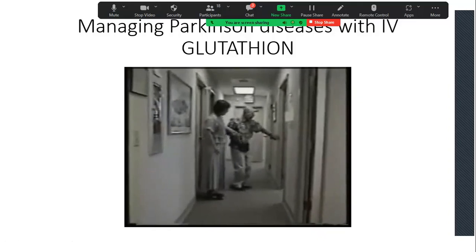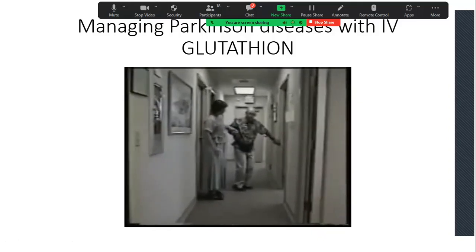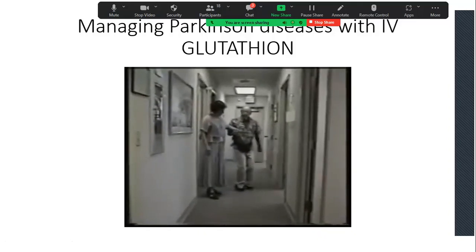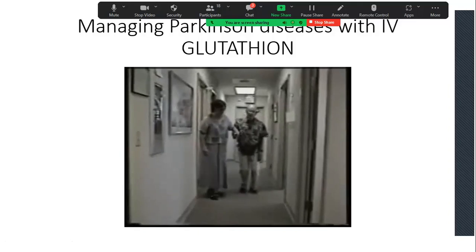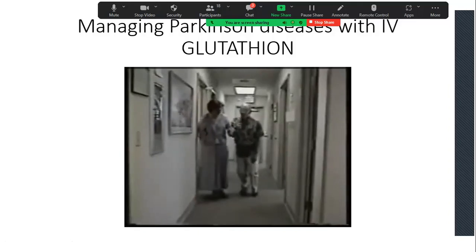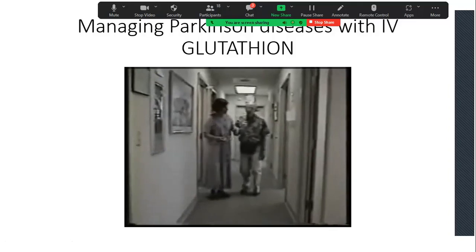At times, his feet appear to be essentially glued to the floor, despite his best efforts to get them to move. His balance is significantly compromised as well, and oftentimes the top part of his body tends to move more quickly than the bottom part. This obviously has important implications, making him at increased risk for falling and hurting himself.